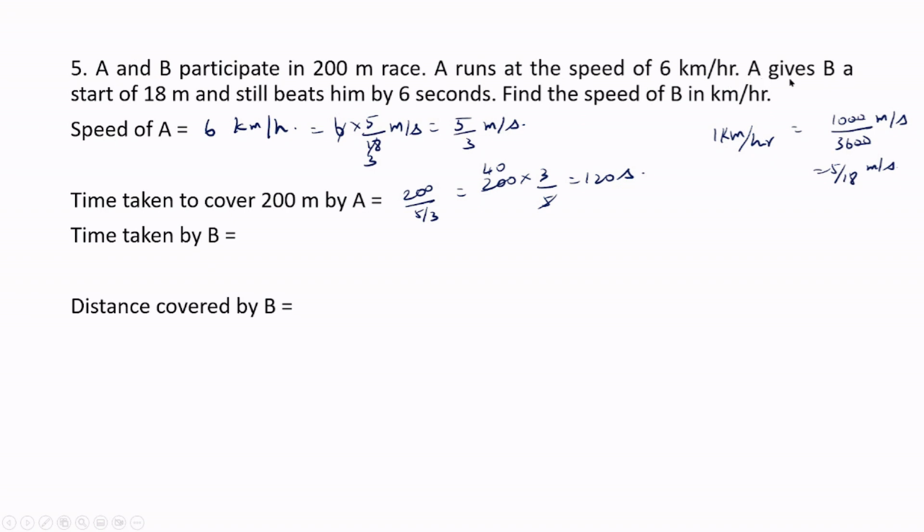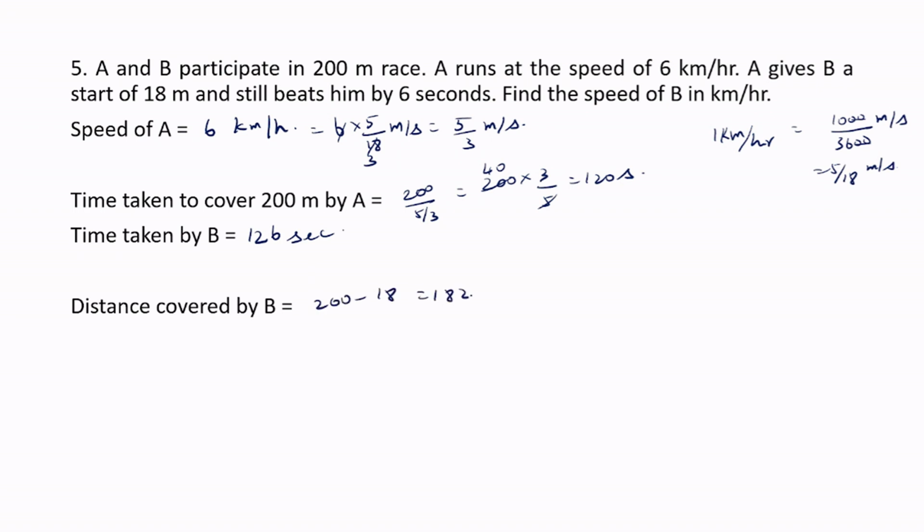Here it is given A gives B a start of 18 meters and still beats him by 6 seconds. So time taken by B will be 120 plus 6, which is 126 seconds. And then distance covered by B is, as A gives B a start of 18 meters, 200 minus 18.